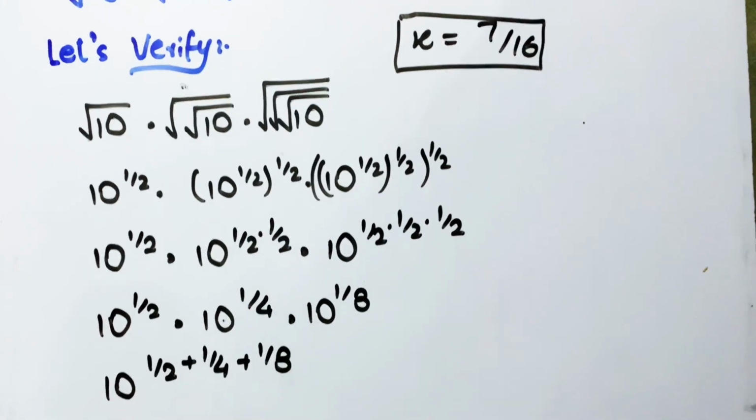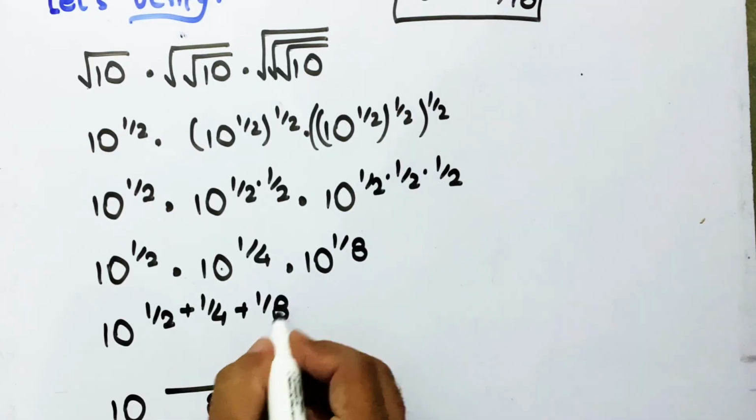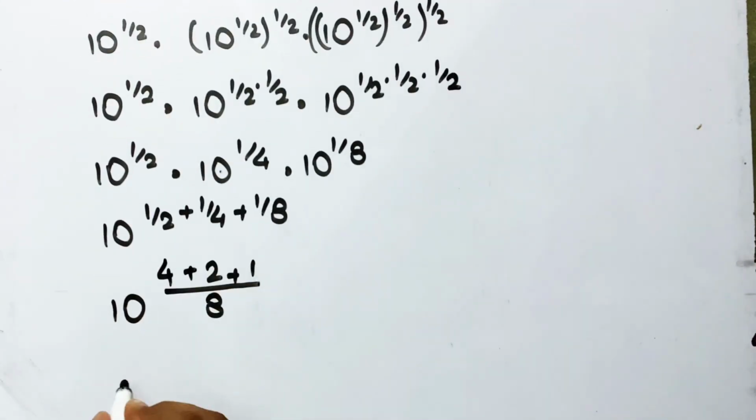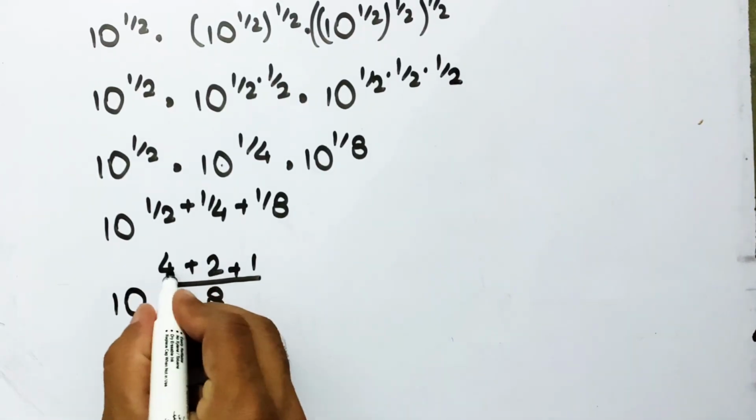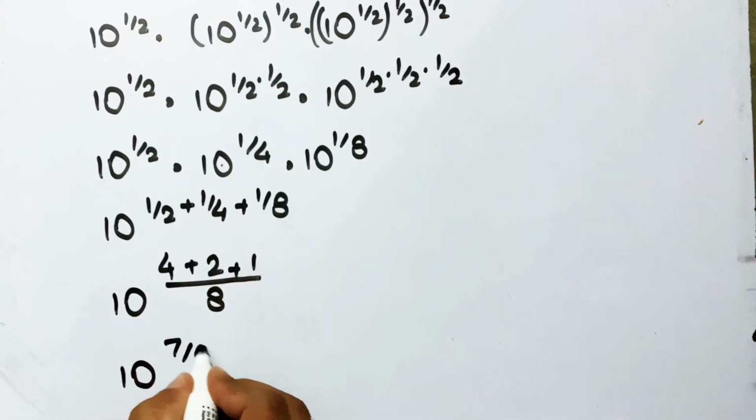Taking the LCM, which is 8, we get 4 plus 2 plus 1, so the left-hand side becomes 10 to the power of 7 by 8.